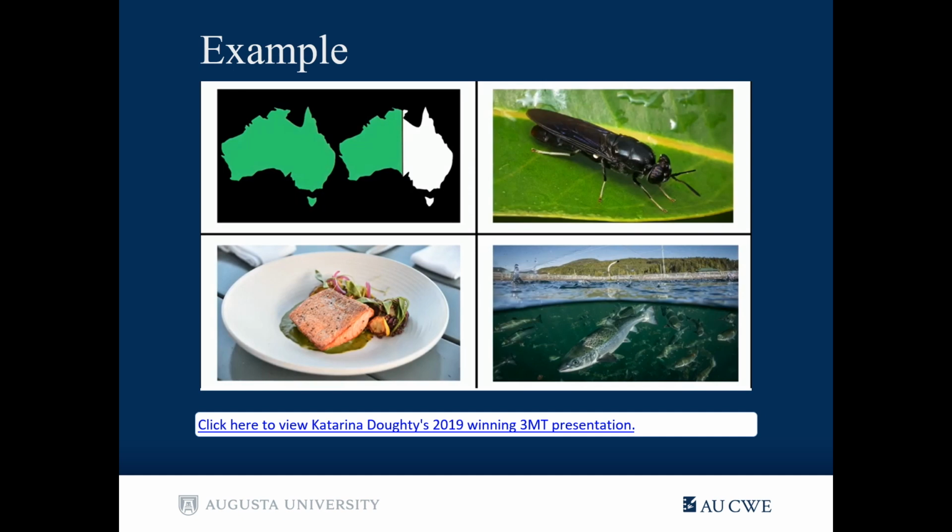So what she ends up proposing is that once the bugs are harvested, they could be incorporated into the fish farming industry pretty easily. And rather than using fish meal, the bugs would be used as a replacement in the diets for rainbow trout.